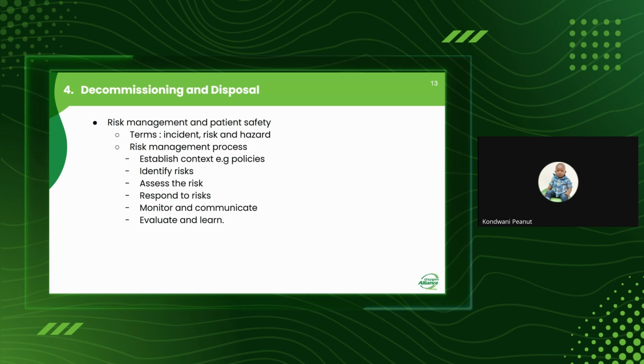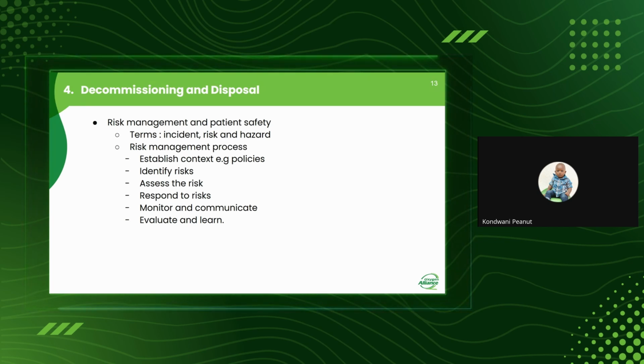After you have rated the risks, then you need to respond. There are ways in which you can respond to a risk. Just to highlight, you can avoid the risk by using another alternative technology. If the technology is not avoidable, you can find an alternative, for example training the users, which would reduce the risk of misbehaving with the equipment.